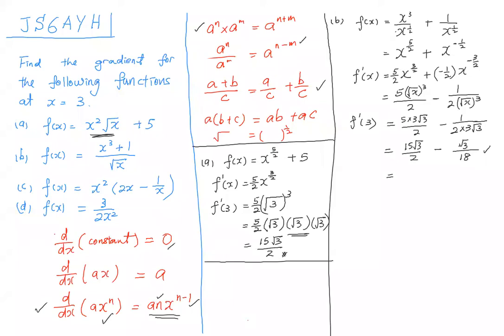Multiply 2 with 9 in the above. So you 9, 5, 45. 45, 45, 135. 135 minus 1, 3, 4, root 3 over 18. Okay.